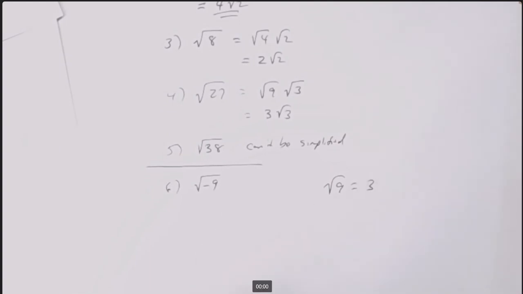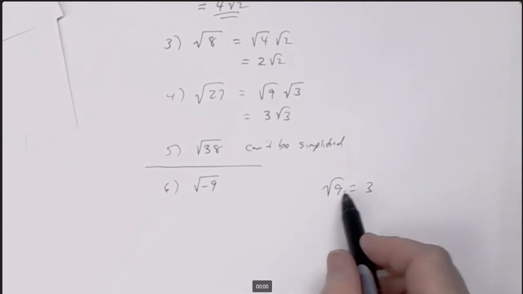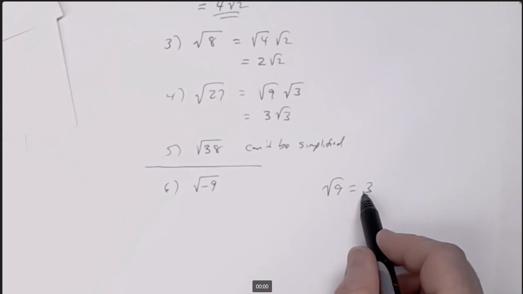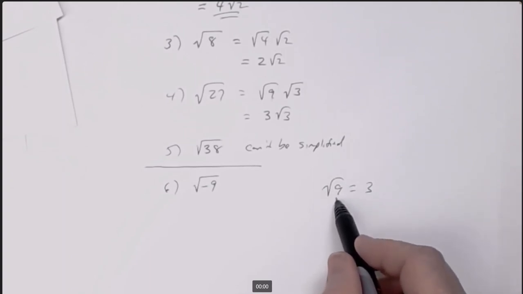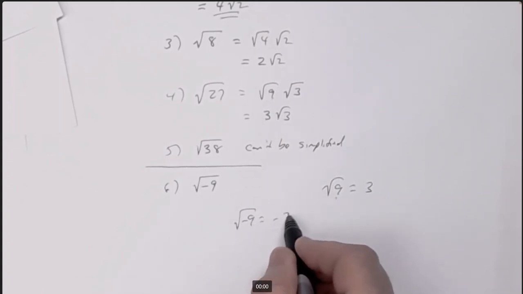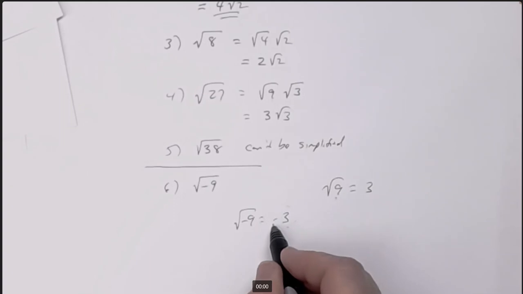If you say the square root of a negative 9 is a negative 3, then you're saying a negative 3 times a negative 3 is a negative 9. Is that true? It's a positive 9, so that cannot be true.